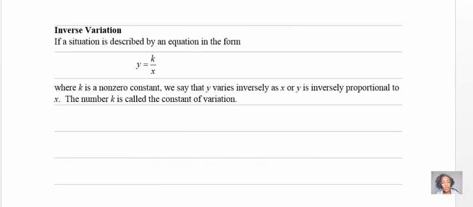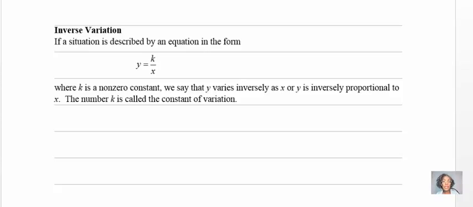Now let's look at inverse variation. If a situation is described by an equation in the form y equals k over x, where k is a non-zero constant, we say that y varies inversely as x, or y is inversely proportional to x. Again, the number k is called the constant of variation.